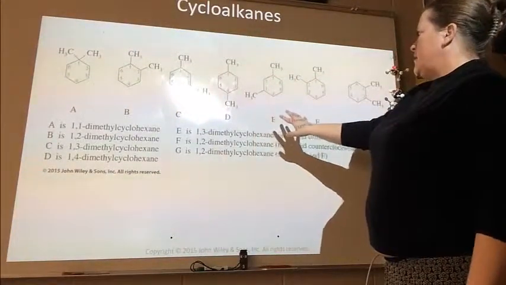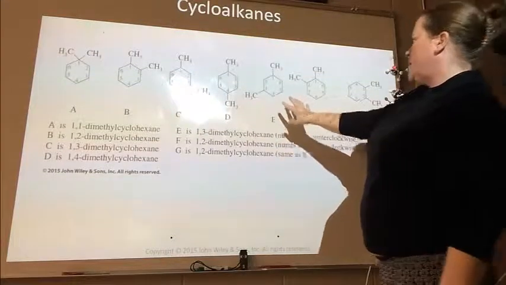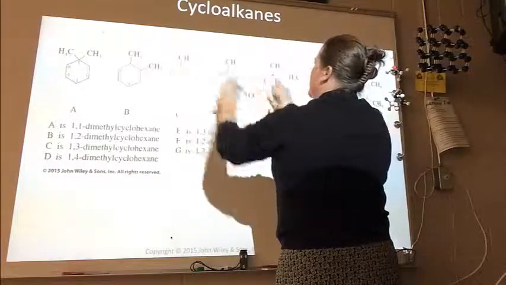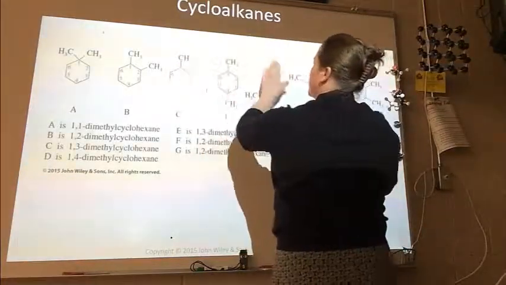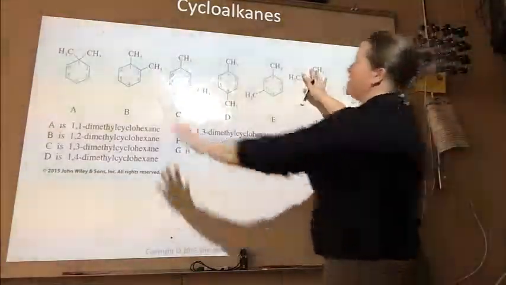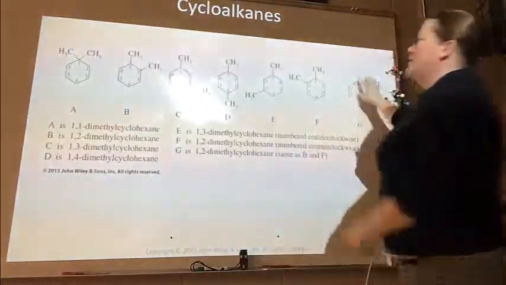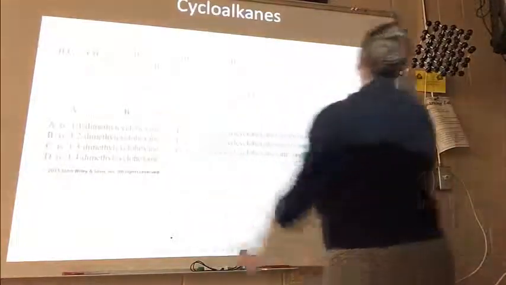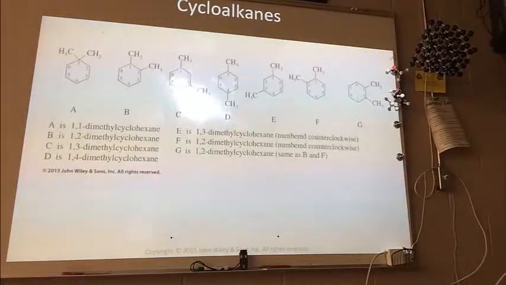So this and this are exactly the same molecules. It's just that they're flipped of each other. And these two are exactly the same molecules. And this one and this one happen to be exactly the same molecules too.